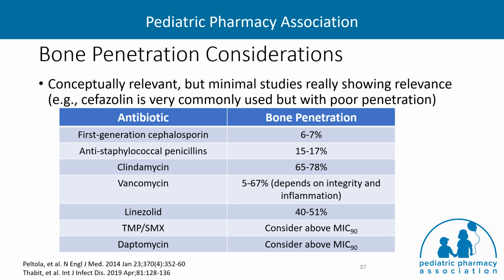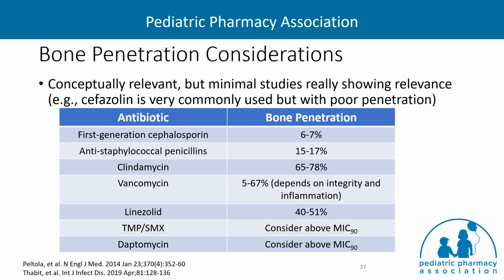For example, we've talked a lot about using first-generation cephalosporins, but their bone penetration is sometimes listed as 6 to 7% whenever you compare concentrations in bone to blood. Penicillins are a little bit higher, but one of the reasons clindamycin is highly favored is because it does get pretty good bone concentration, 65 to 70%. Linezolid's also pretty good, close to 50%.